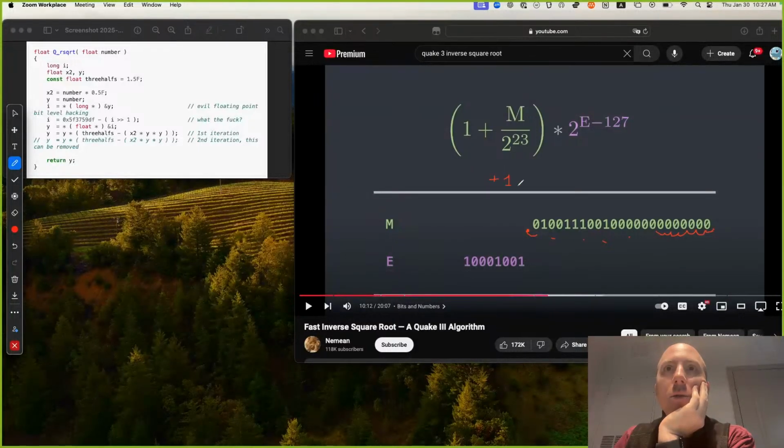And then we just add the 1 back, so we get 1 point this. That makes sense. And then we take the exponent and shift it down by 127. And then we do 2 to that power. And that's the actual number. Yeah, that makes sense.